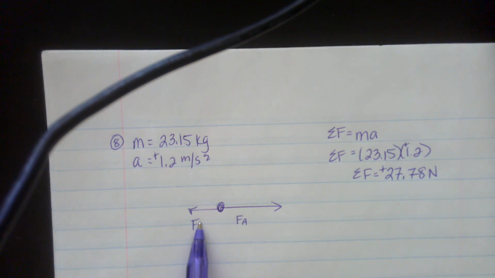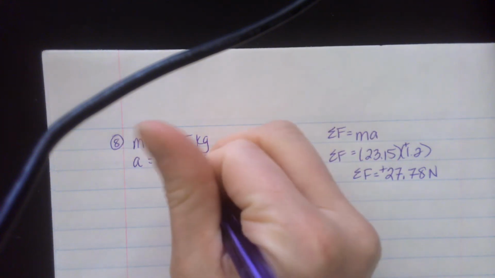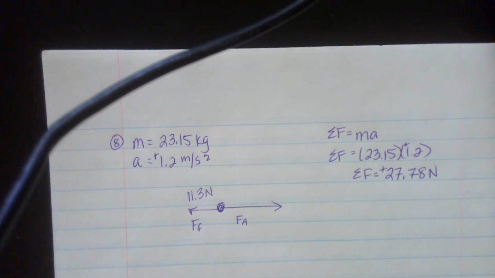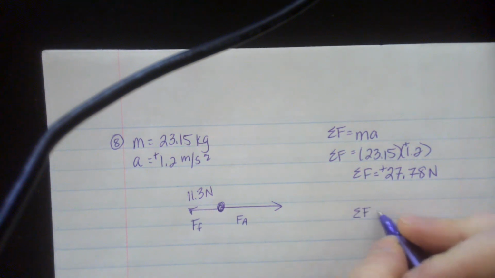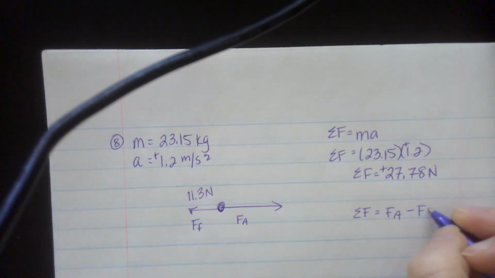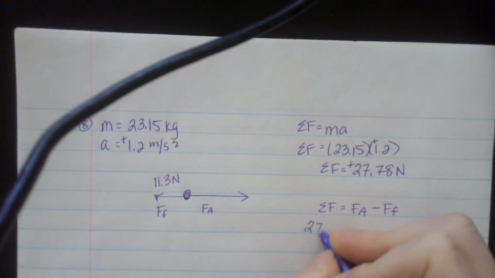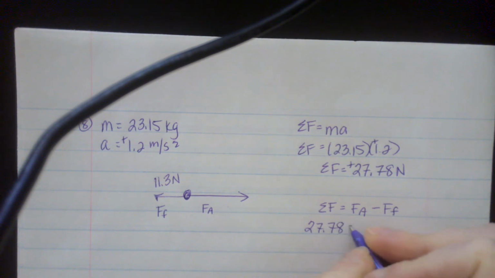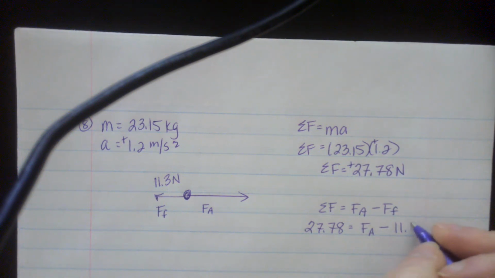So then the second part of the question, it tells us that the value of the friction is 11.3 newtons. So I know that net force is equal to FA minus FF, and I just solved for the net force. 27.78 equals FA, my unknown, that's what I'm looking for here, minus the friction, 11.3.